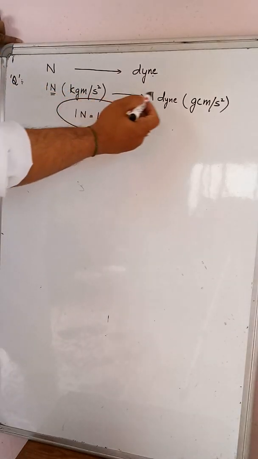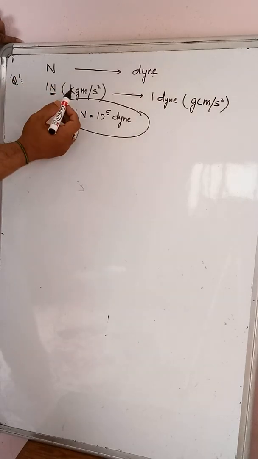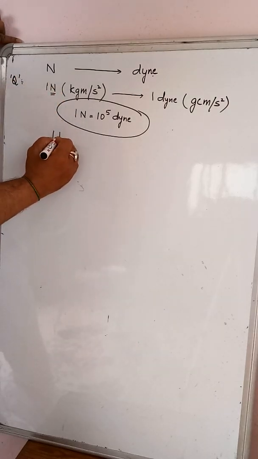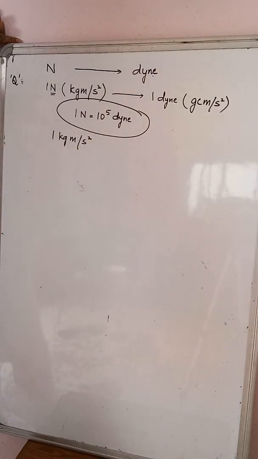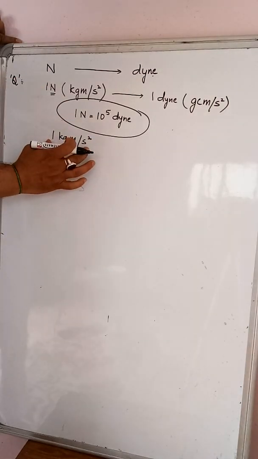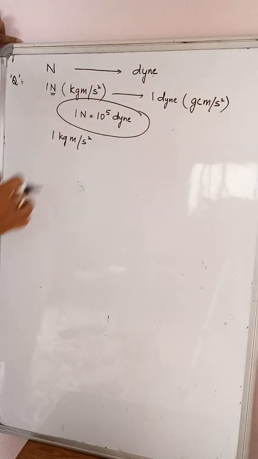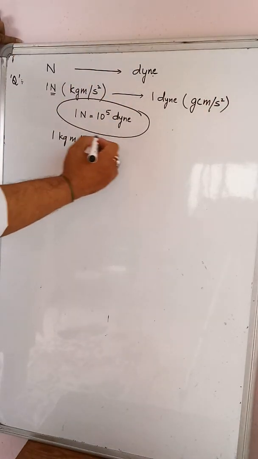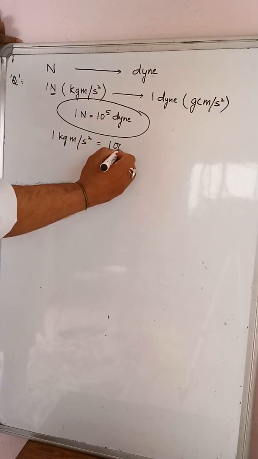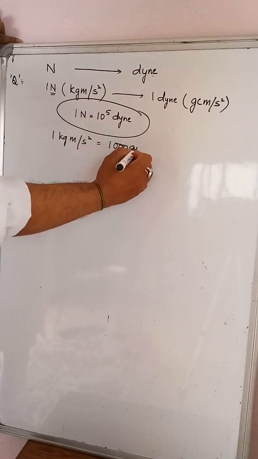It is going to come from this same relationship that we had. Let us start with kg meter per second square. Now I am going to try to convert this into gram centimeter per second square. If I convert 1 kg into gram, it will be 1000 gram.